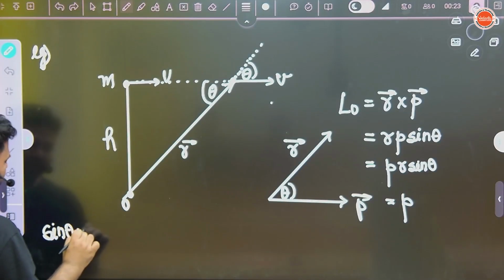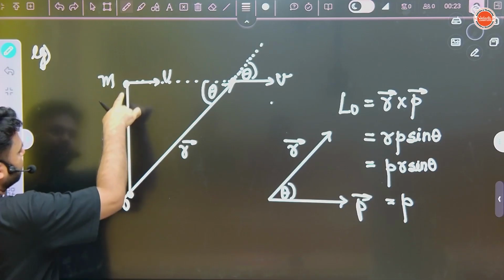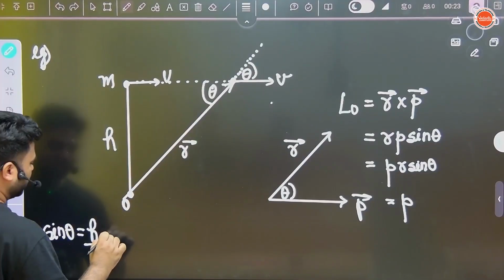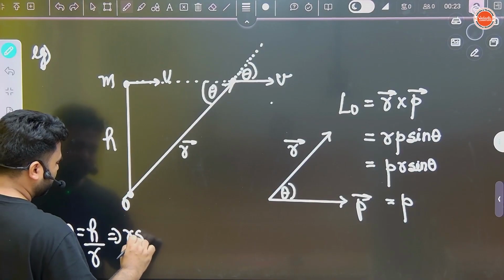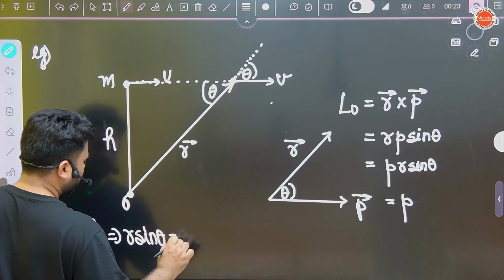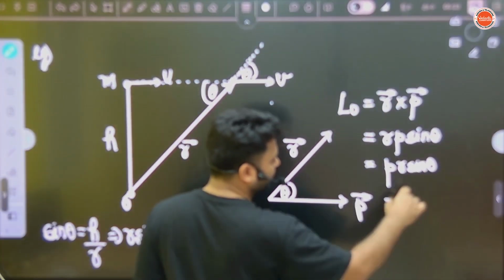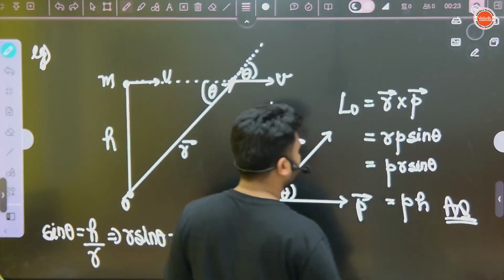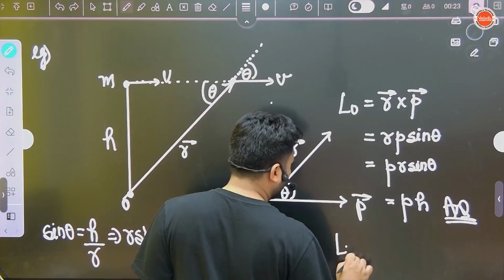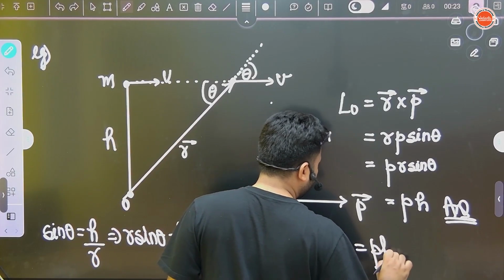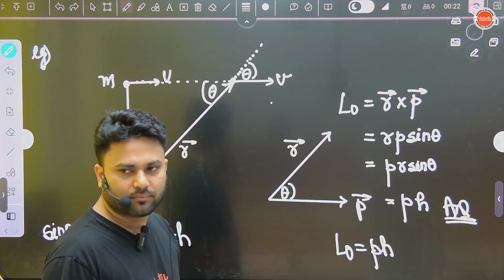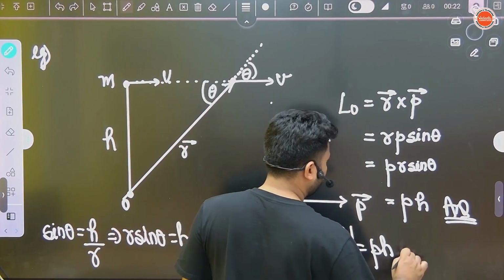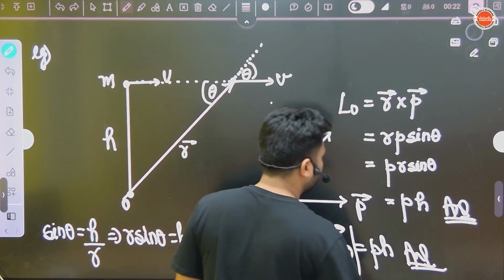Perpendicular by hypotenuse. Perpendicular means h, hypotenuse means r. So cross multiplying, r sin theta equals h. So r sin theta is nothing but h. So our answer will be ph. This will be the angular momentum about O, ph. Correct? I am taking the magnitude.